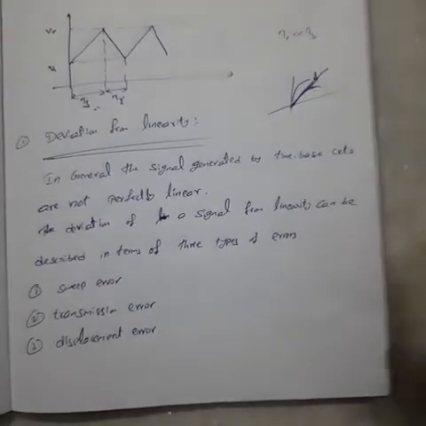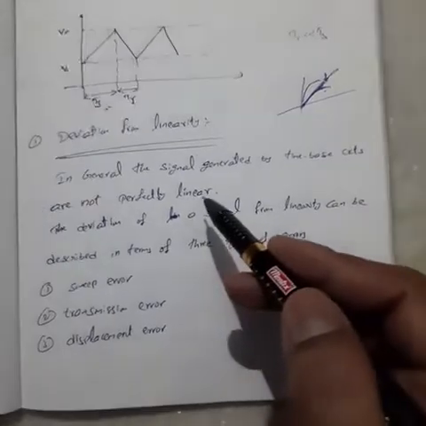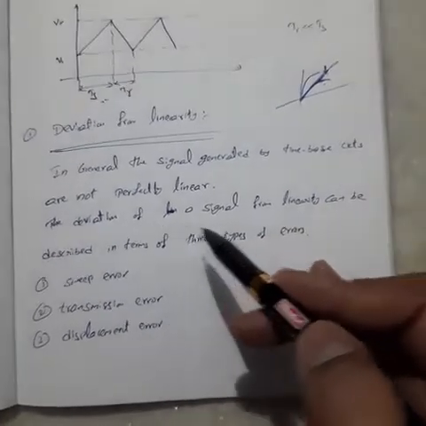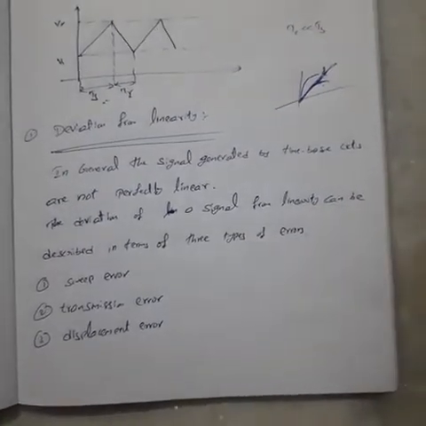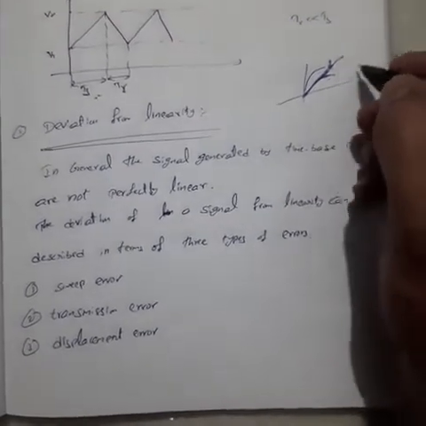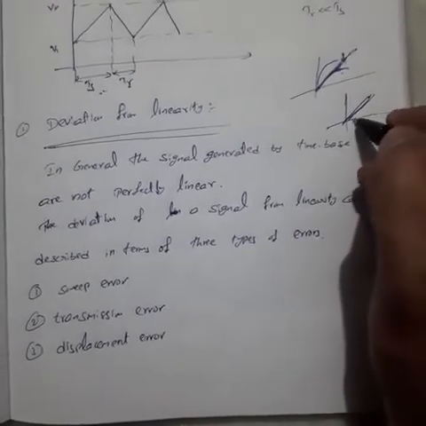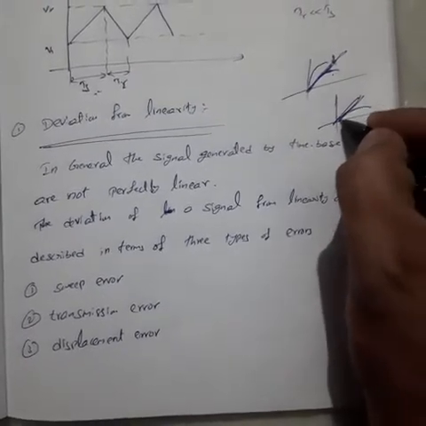In general, the signals generated by time-based circuits are not perfectly linear. The deviation of a signal from linearity can be described in terms of three types of errors. Actually we need this linear waveform, but we are getting this type of waveform.